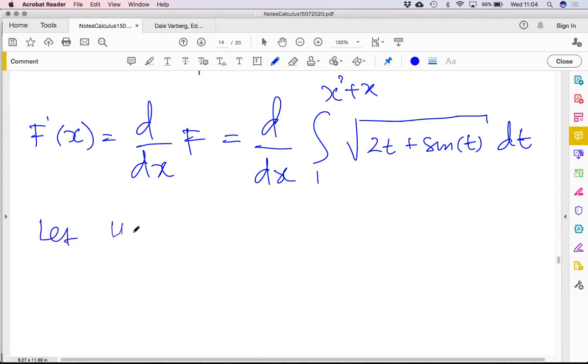Let u be x squared plus x. The FTC does not apply directly, because here it is x and here it is x squared plus x, which is different. Therefore you need to make a bridge using another variable u.